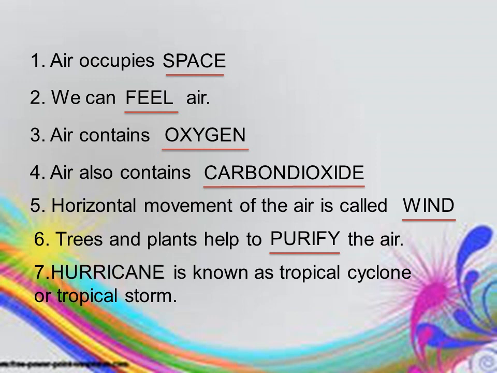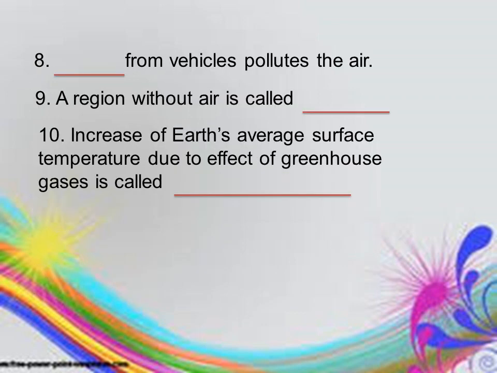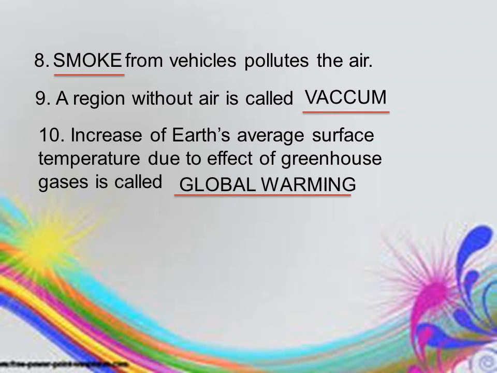Hurricane is known as tropical cyclone or tropical storm. Smoke from vehicles pollutes the air. A region without air is called vacuum. Increase of Earth's average surface temperature due to the effect of greenhouse gases is called global warming.